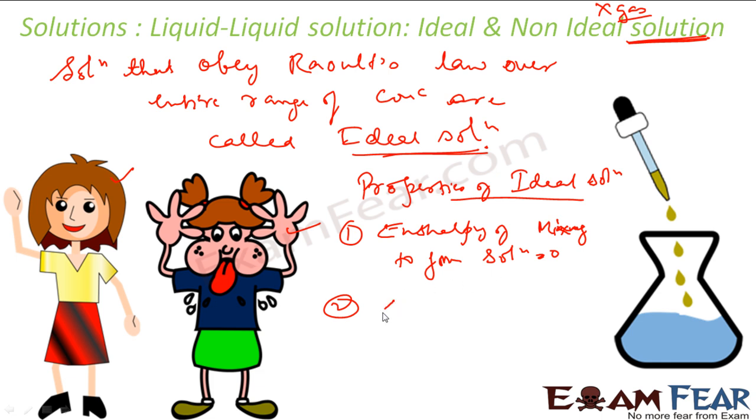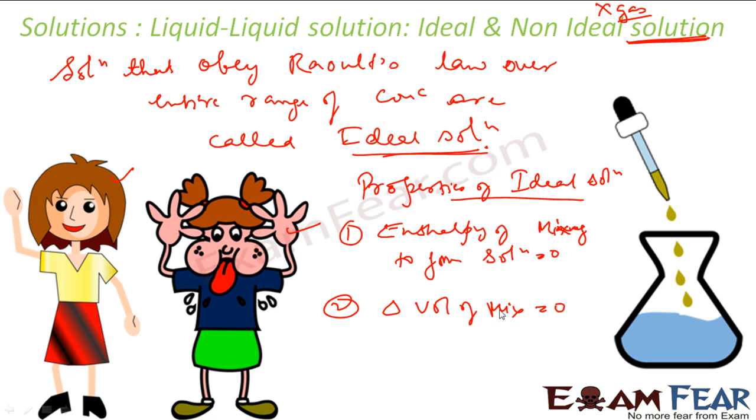Second is that delta volume of mixing is zero. There is no volume gain or volume loss when you form a solution. For example, the volume of solution will always be equal to the volume of solute plus the volume of solvent. The first one says enthalpy of mixing is zero, that is, no heat is absorbed or evolved when the components are mixed. The second says delta V is zero.